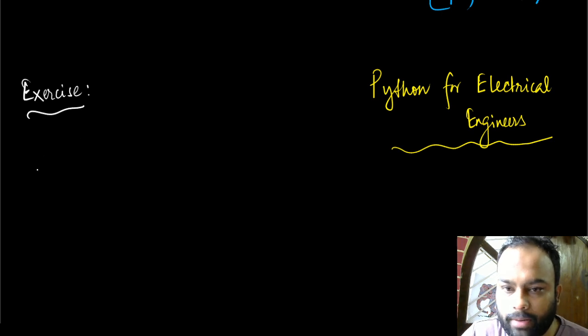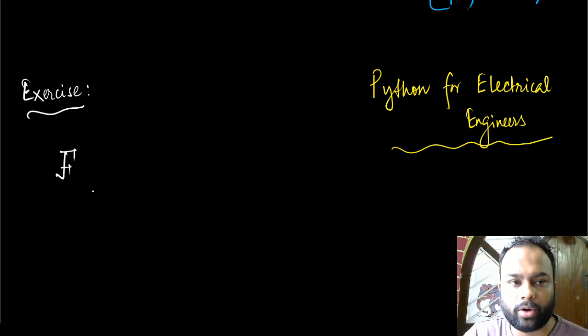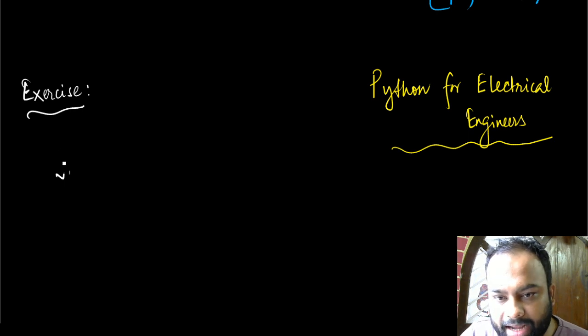So the exercise problem would be, I'm asking you to calculate the Fourier transform. Yes, I shall send you a Google form, so fill that up. So we shall arrange something.